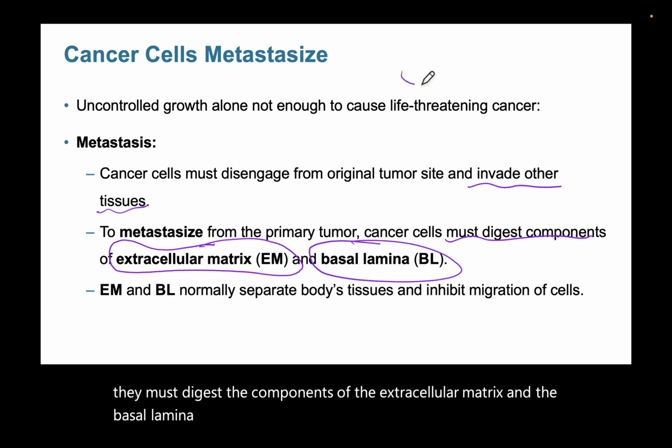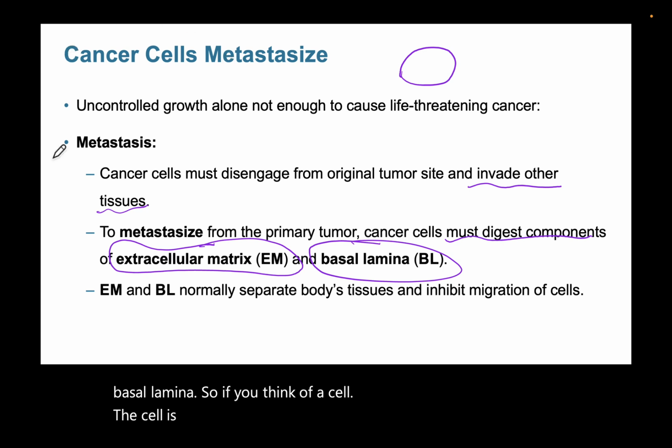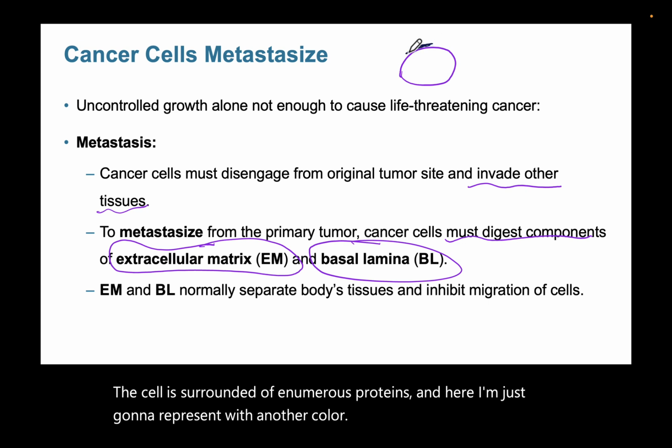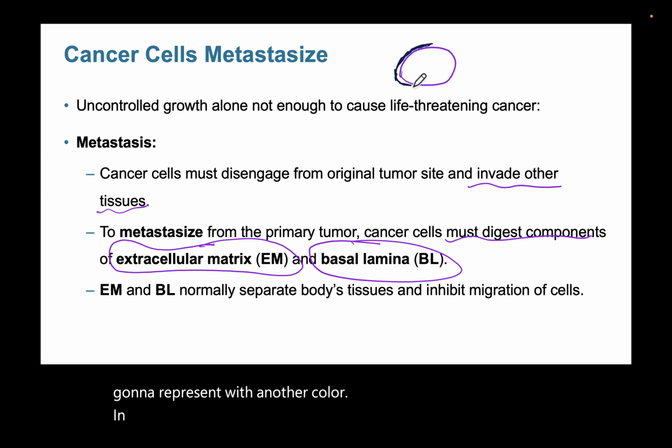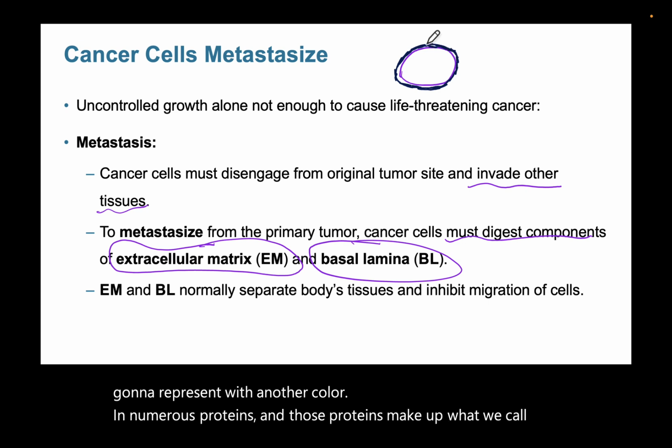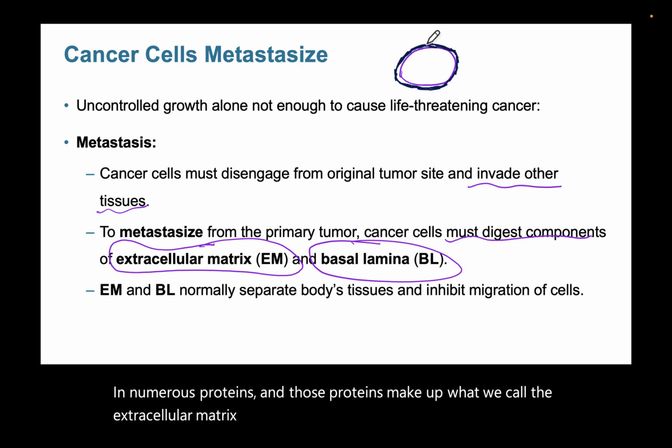So if you think of a cell, the cell is surrounded by innumerable proteins, and here I'm just going to represent them with another color. Innumerable proteins, and those proteins make up what we call the extracellular matrix and the basal lamina.